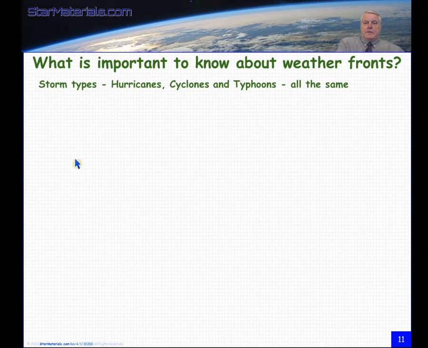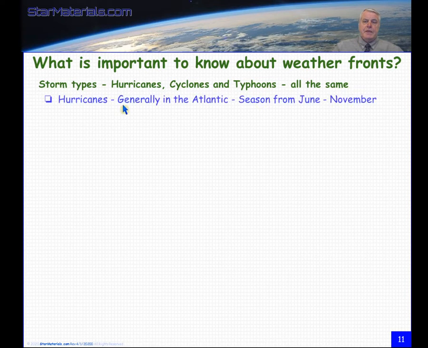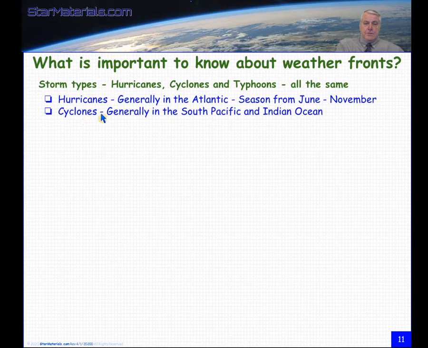Okay, we have different storm names. We have hurricanes, cyclones, typhoons. They're all the same. Hurricanes are generally in the Atlantic. They have a season. They're from June to November. Cyclones are generally in the South Pacific and the Indian Ocean.